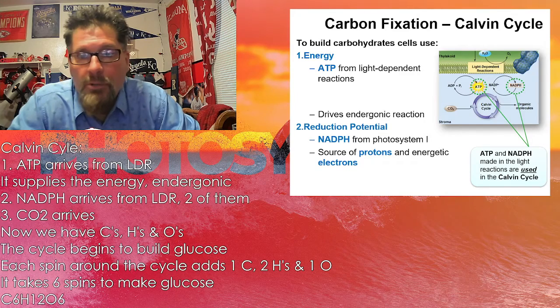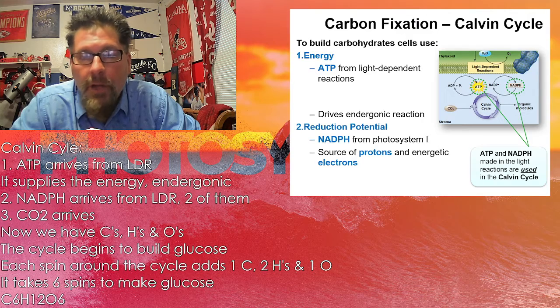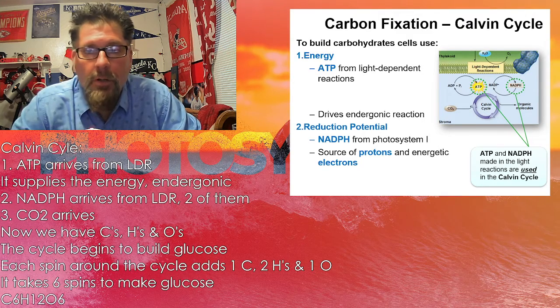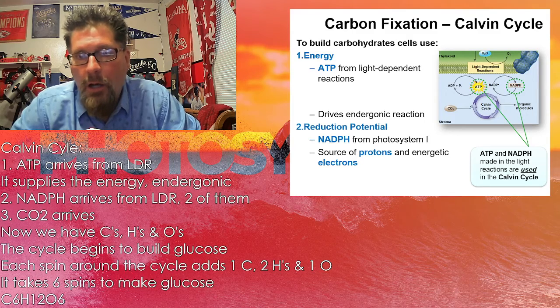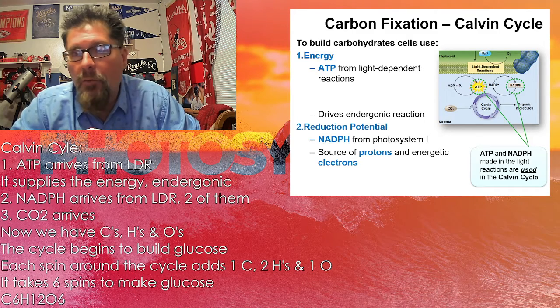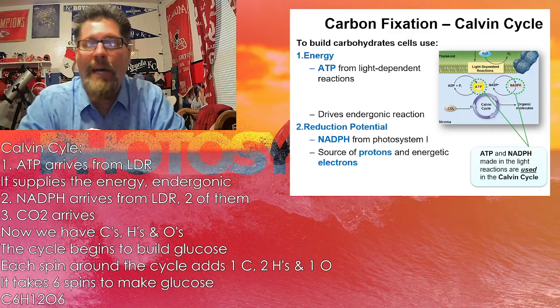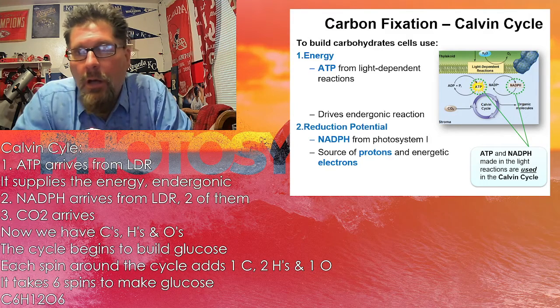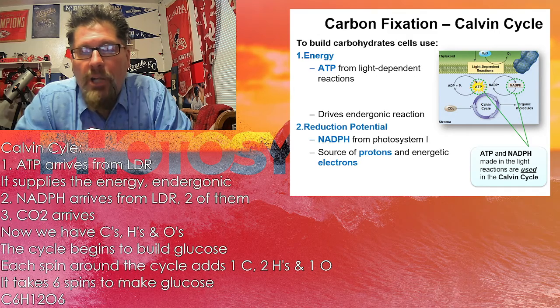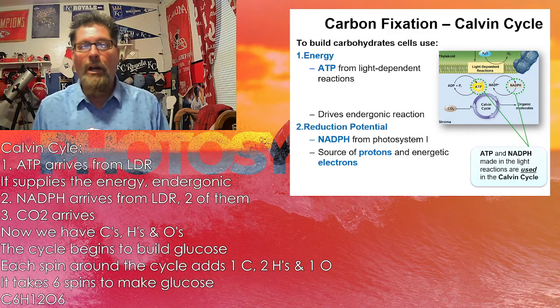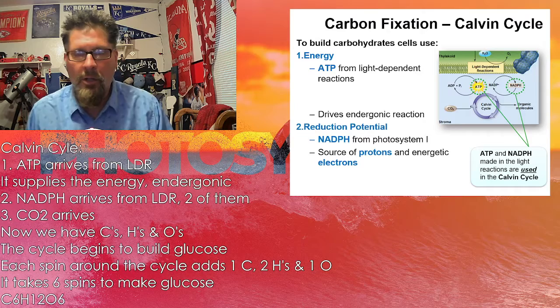And of course we want to emphasize again that it takes 6 spins around the cycle to get a full glucose molecule. One carbon is added each time around. That idea is called carbon fixation, changing it from the carbon dioxide and adding it to the glucose molecule.